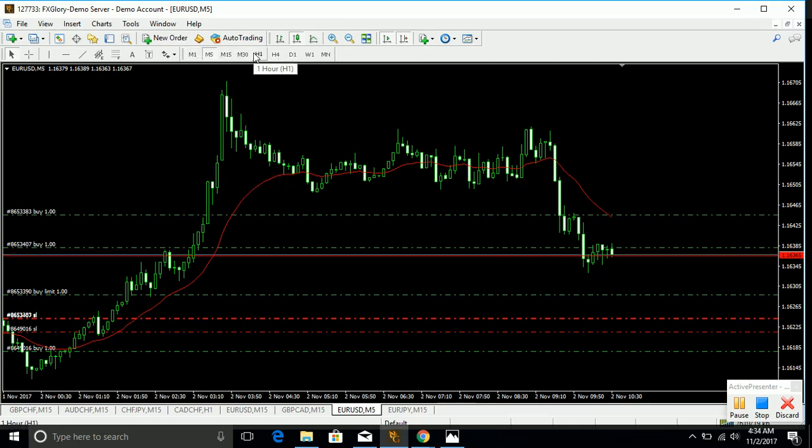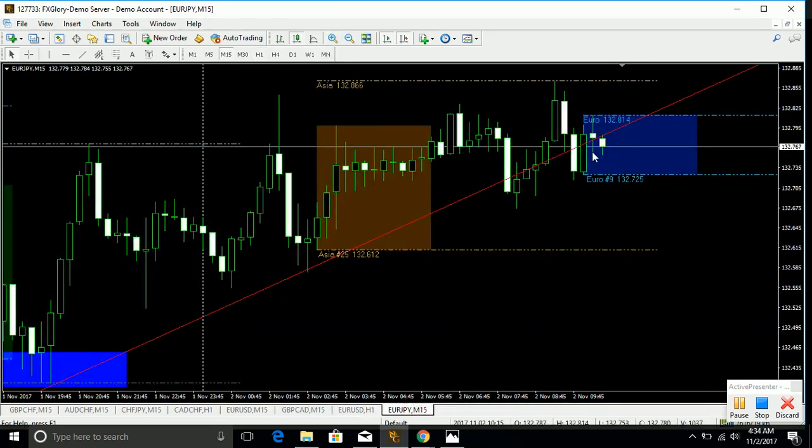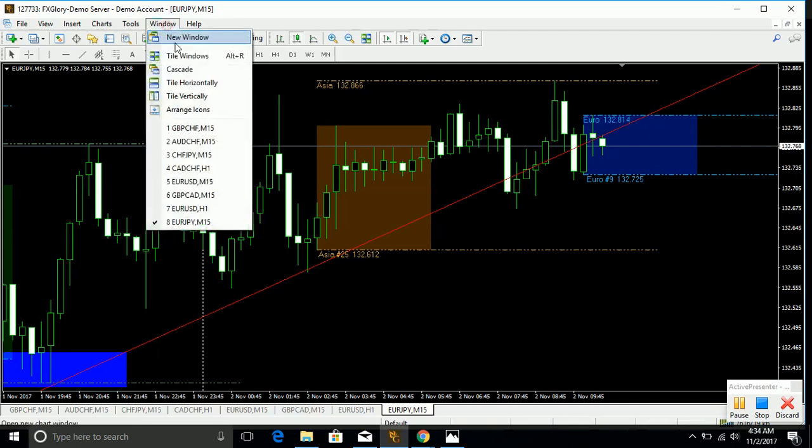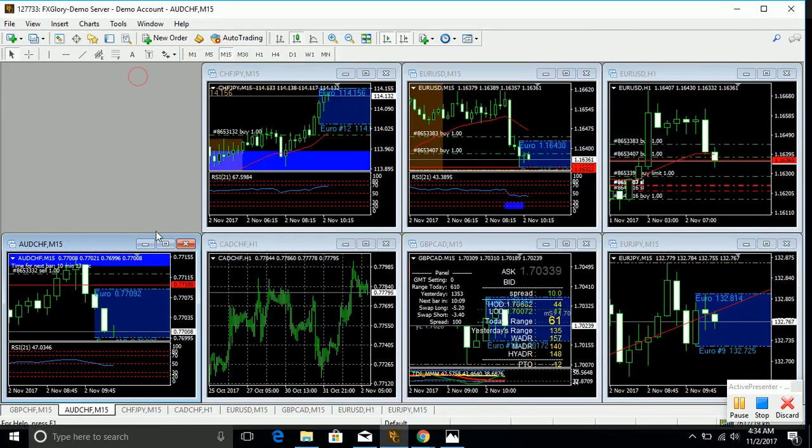Since we have an hour trade on this binary, let's stick with the hour time frame. And we got 25 minutes left. And on the Euro JPY, this is how we're looking. So let's pull up the Euro JPY and the Euro USD, and we'll keep those side by side.